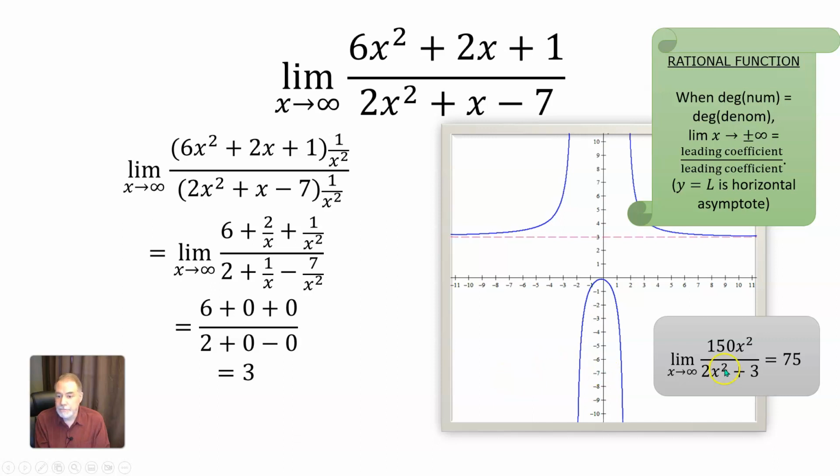We were looking at the function 150x squared over 2x squared plus 3. So there, the numerator and denominator had the same degree, 2, and we had a leading coefficient of 150 on top over a leading coefficient of 2 on the bottom. 150 divided by 2 is 75, and that's what that limit was as x approached infinity.